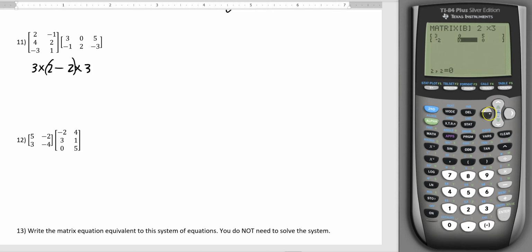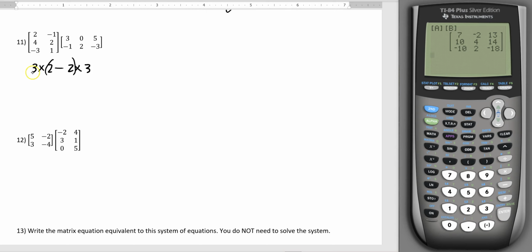Oh, I hit negative 2. Always got to be careful here. Negative 1, 2, negative 3. Got to be sure we input the correct values. So second, quit, second, matrix, I'm going to do A times B and press enter. And here is that 3 by 3 matrix that we would get, right?